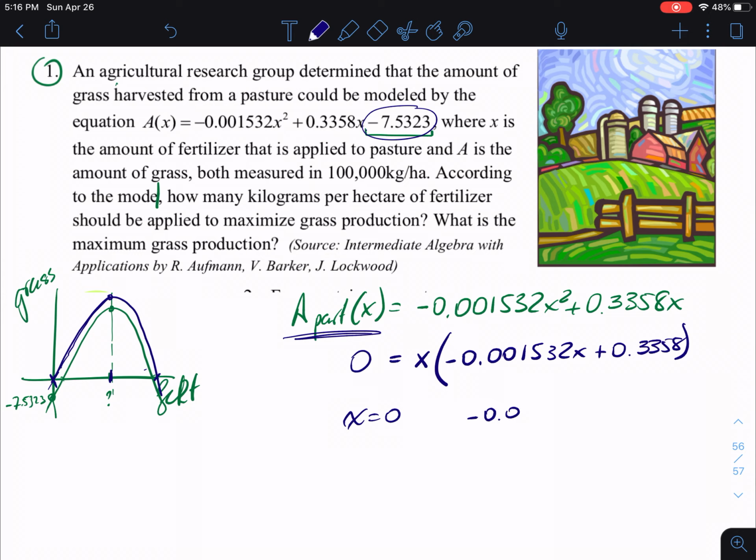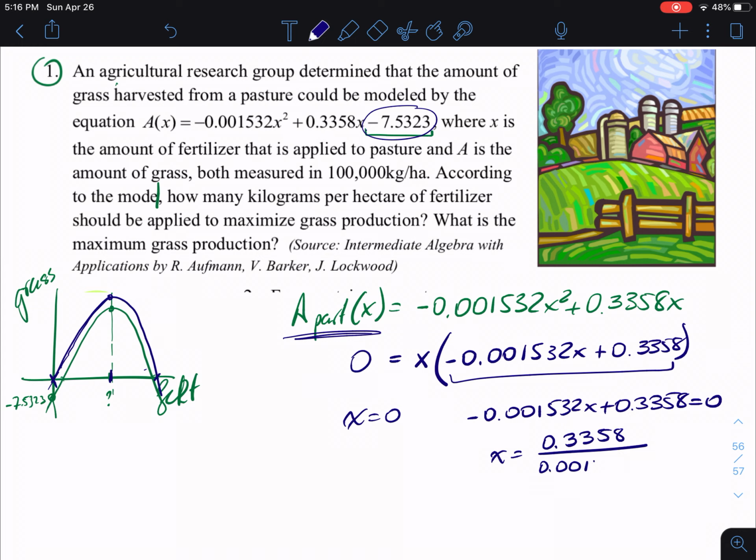Or when this ugly set of numbers, that linear expression inside the parentheses, is equal to 0. Well, that's equal to 0 when x is equal to 0.3358 divided by 0.001532. And if you think I'm going to do that without a calculator, you are wrong.